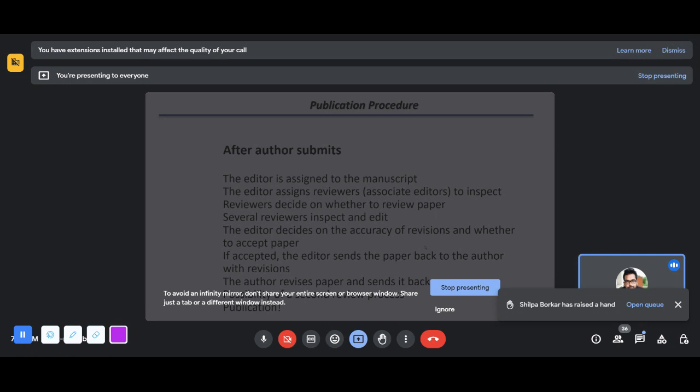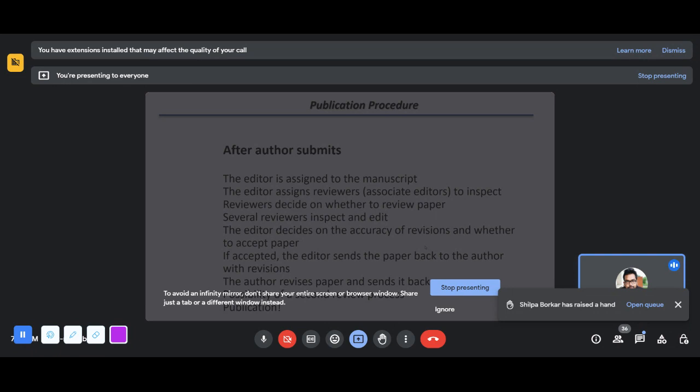Now the editor will again send your paper to these reviewers. They will go through your response, and if they are satisfied, they will say, okay, we are satisfied with the result, we are accepting it. If all of them accept your paper, it will be accepted. The editor will inform the corresponding author: we are happy to inform you that we are accepting it.